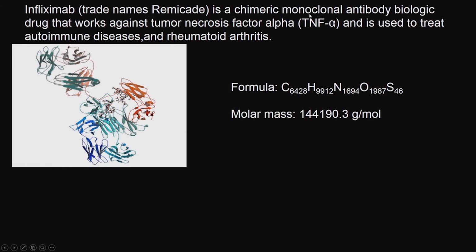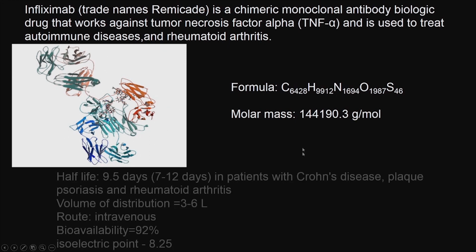This is a chimeric monoclonal antibody that works against TNF alpha and is used to treat autoimmune diseases and rheumatoid arthritis. Again, this is a large molecule, a protein, a chimeric protein, 144,190.